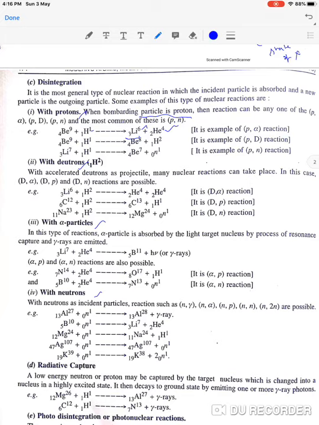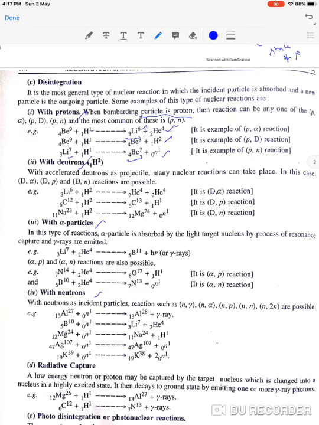For example, take this reaction in which lithium is bombarded with a hydrogen atom, and we get a new daughter nuclei and only a neutron is coming out. Here a neutron is coming out, here an alpha particle is coming out. So we have these disintegration reactions.